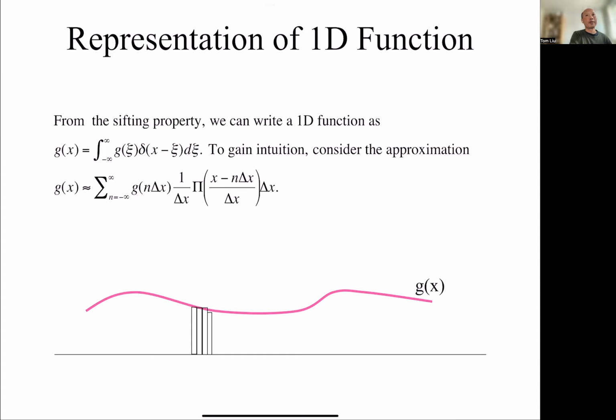From the sifting property, we can write a 1D function as follows. g(x) is a 1D function, so we can write it as the integral of all these shifted Dirac delta functions multiplied by the value of the function at the location where that Dirac delta function is, quote, active.